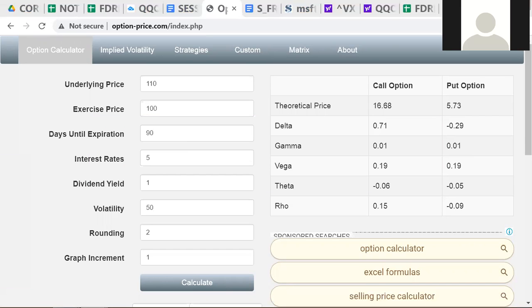Let's ask some people. Umar, can you tell us what is the intrinsic value of this option? What happened? If your mic is not working, you can respond to me on chat. Umar is not responding. Okay, let's ask Janvi Singh. Can you tell us what is the intrinsic value of this option you're looking at?